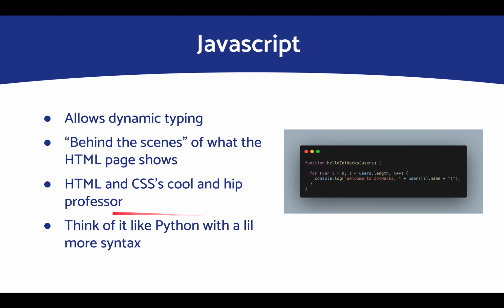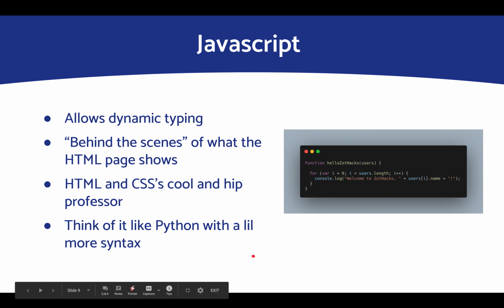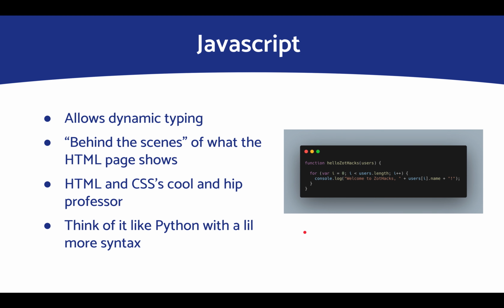And in terms of just our language semantics, most of you guys will probably be in ICS 31 through 33, or maybe you've taken 46 like Java or C++. Think of JavaScript as just Python in terms of dynamic typing and language capabilities, but it's a little more syntax.